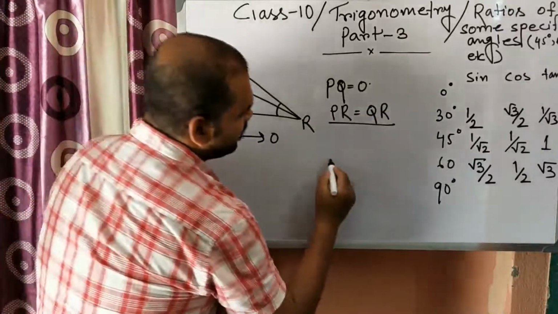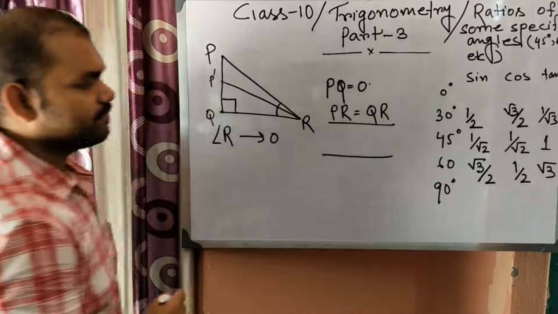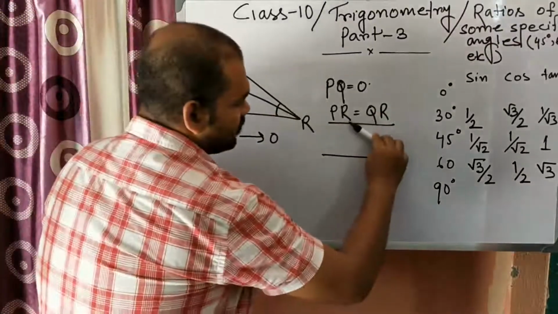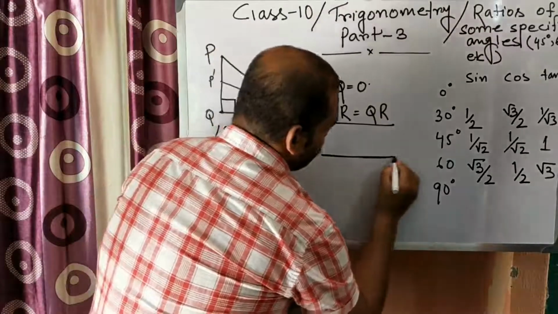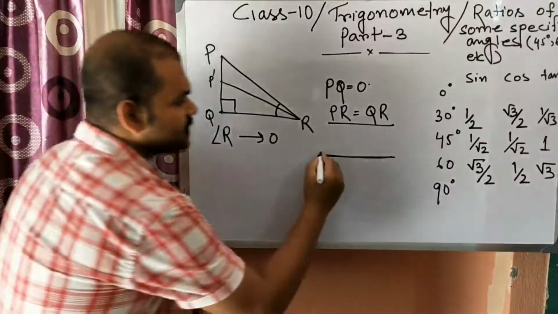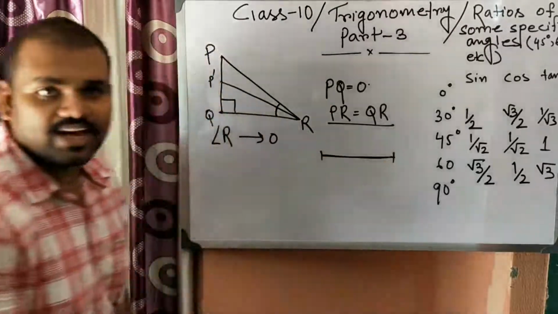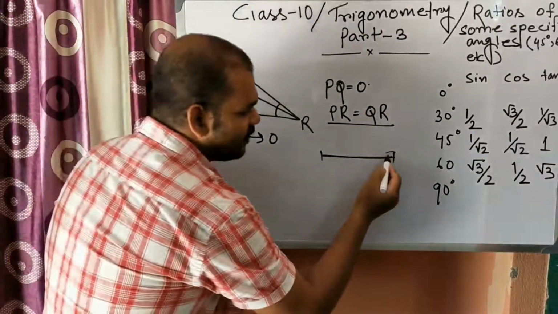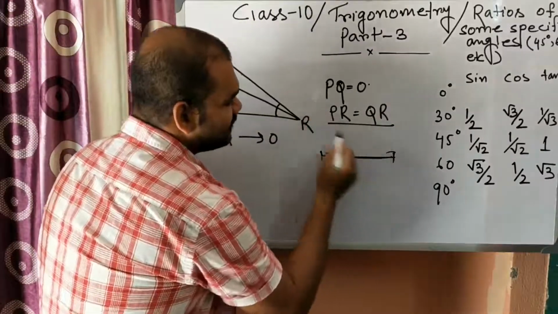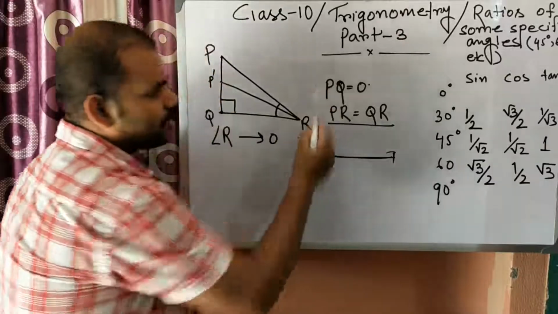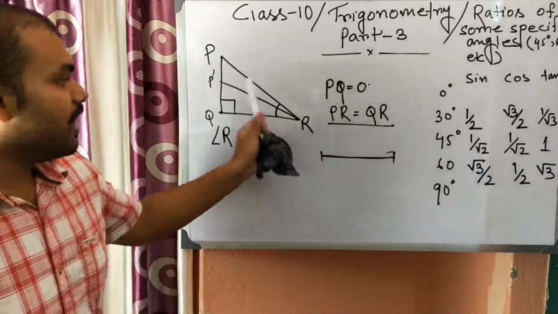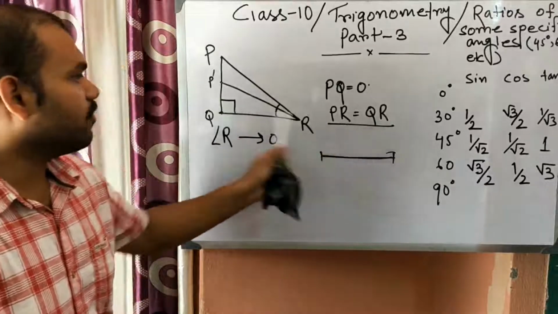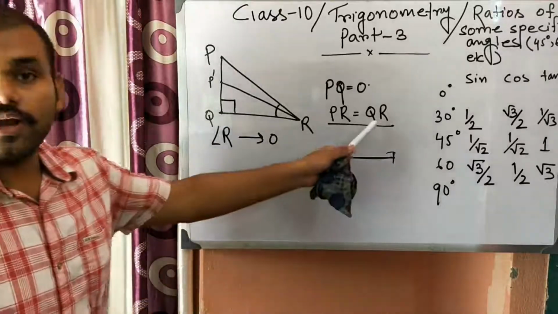So the figure will look like this only. The hypotenuse is now equal to the base, so they are on the same straight line, so the angle is 0 and there is no perpendicular. The value of perpendicular is 0, and the hypotenuse and the base become equal.